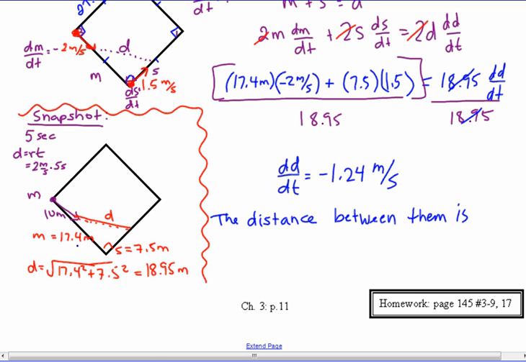It's actually not a fraction because we rounded this guy. No, it was exactly 18.95. The distance between them is decreasing at a rate of, wow, this took us a whole class, 1.24 meters per second. There's our sentence.